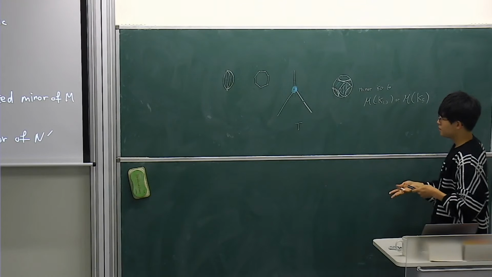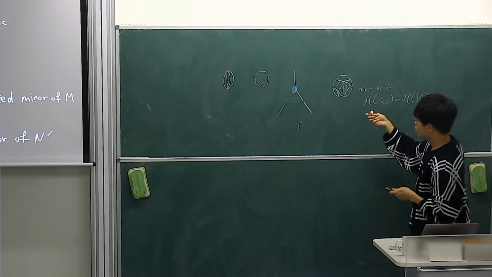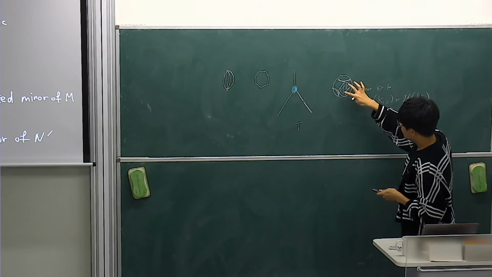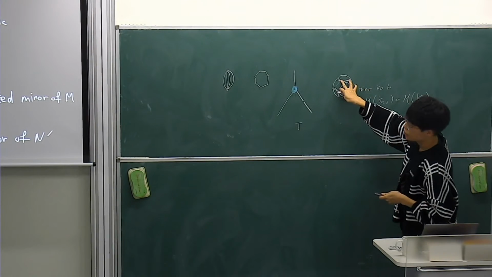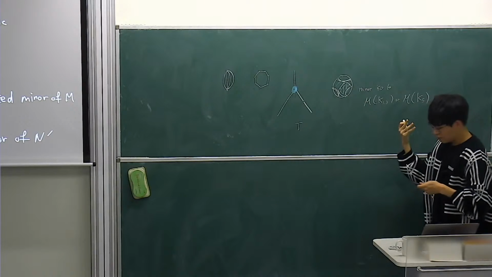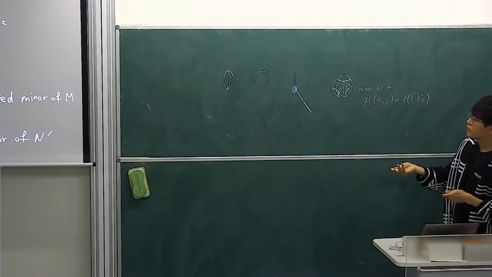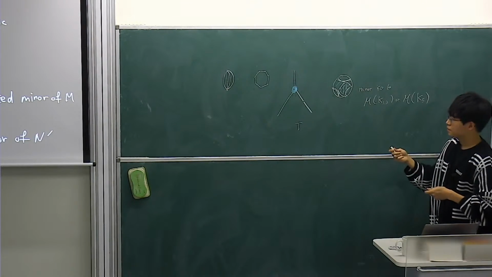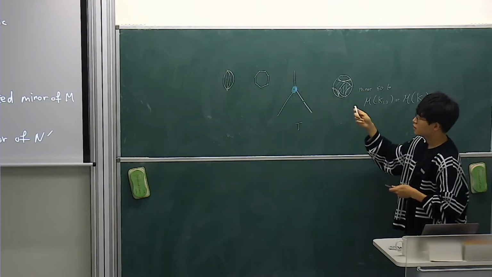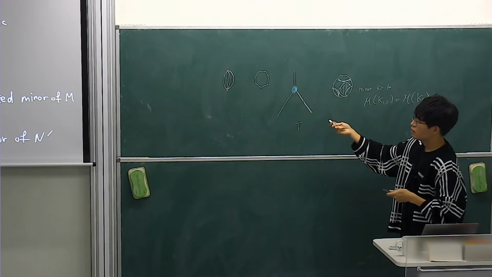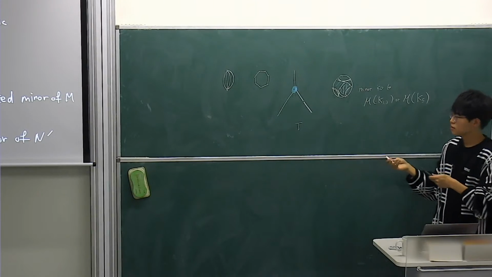However, it may not. If this minor does not contain this kind of element, then after the deletion operation and contraction operation, the tree decomposition can be broken as a result.